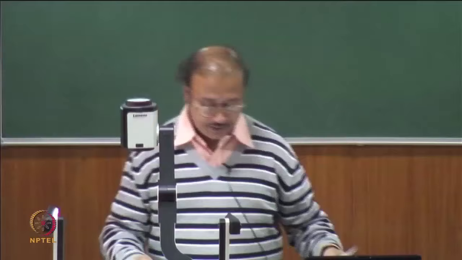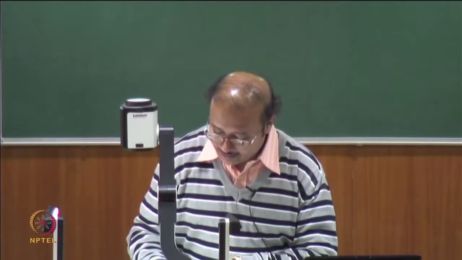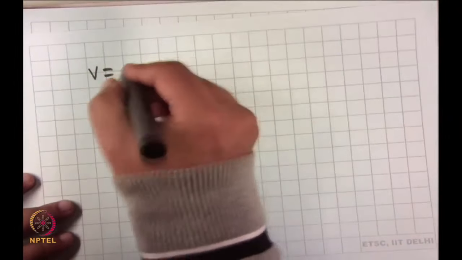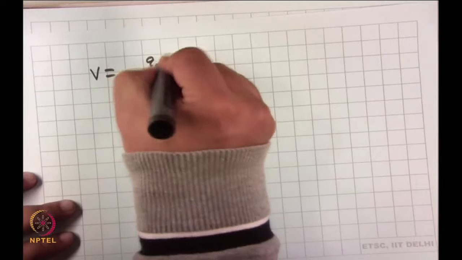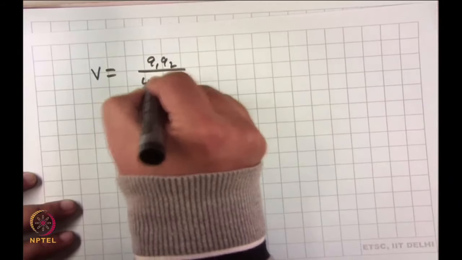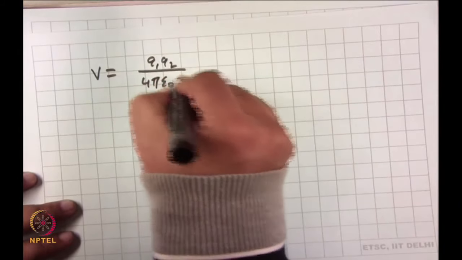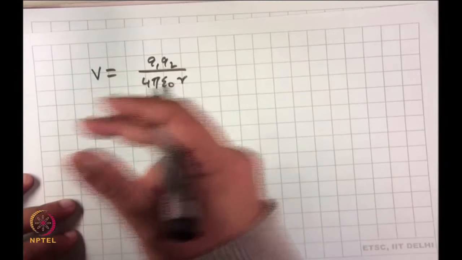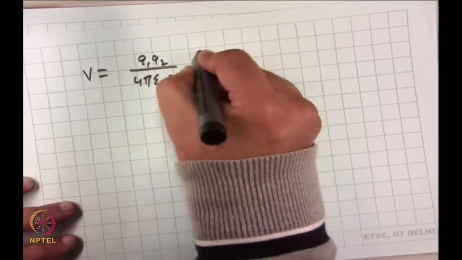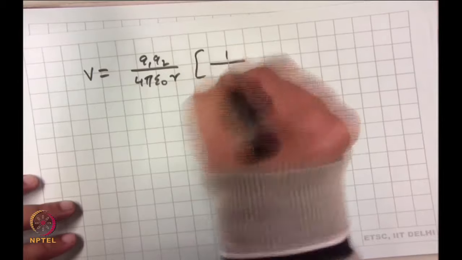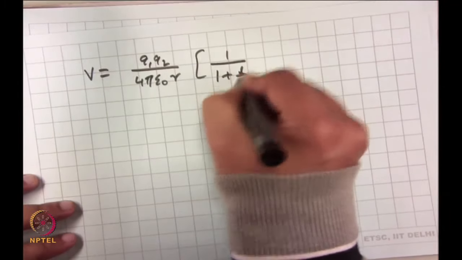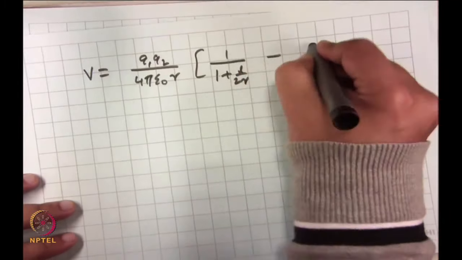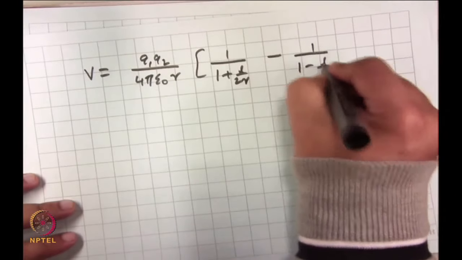What I will do is like this. V is equal to q1 q2 by 4 pi epsilon 0 R. I will take an R common out of the brackets, then I will write it as 1 by 1 plus L by 2R minus 1 by 1 minus L by 2R.